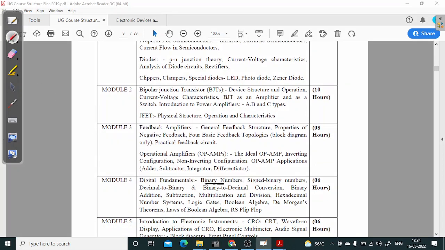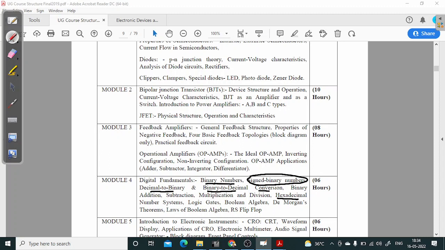Binary numbers we have done. Signed binary numbers I will do. Signed binary numbers are important. Then decimal to binary and binary to decimal conversion is done, is over, right? So these four portions are over.